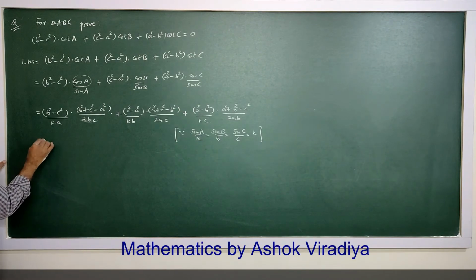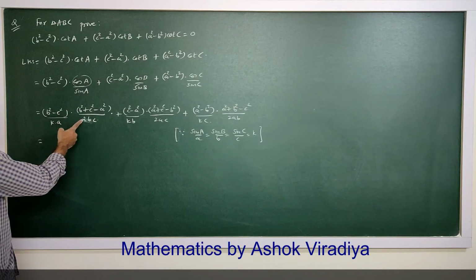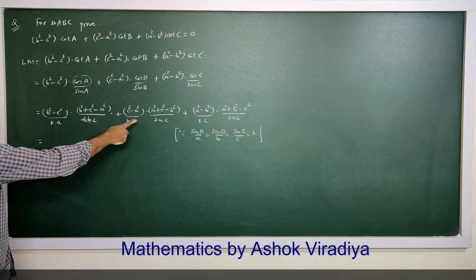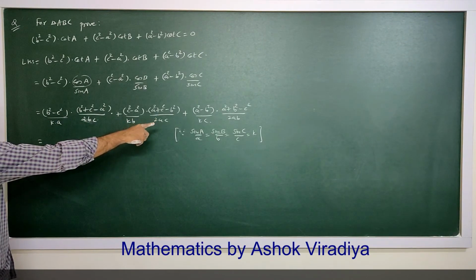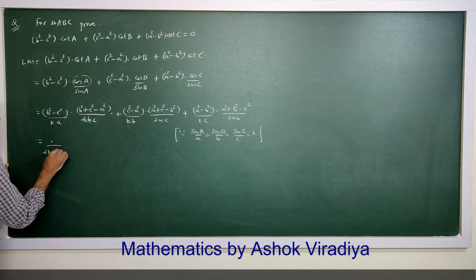So this is equal to, now here observe the denominator. In the denominator you can see that 2 times k ABC is common.